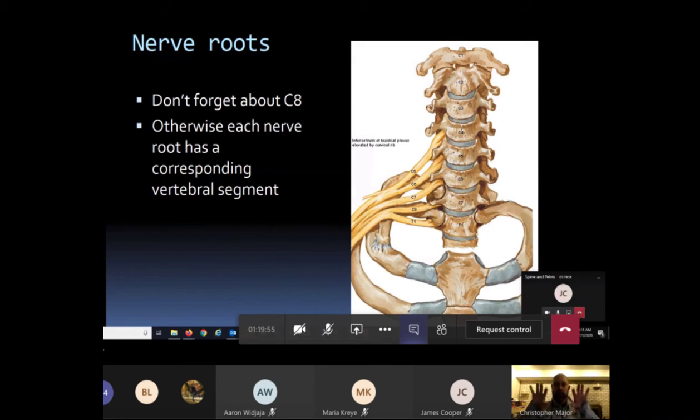You want to treat those 2 topics separately, even though they kind of coalesce at several segments here. The reason why this is a little bit more complicated than it really ought to be is the fact that we've got this little C8 nerve root. As you know, we've got 7 cervical vertebrae, 12 thoracic, 5 lumbars, and our nerve roots kind of coincide with that.